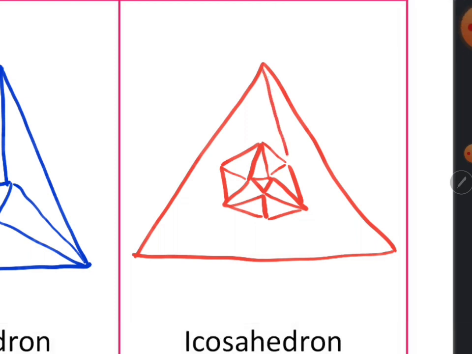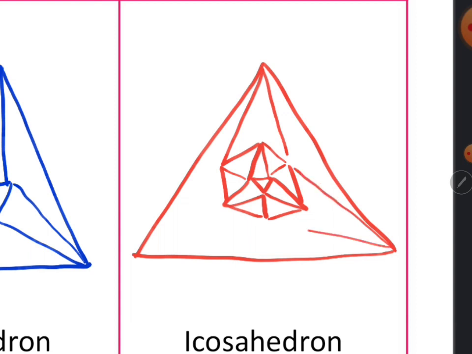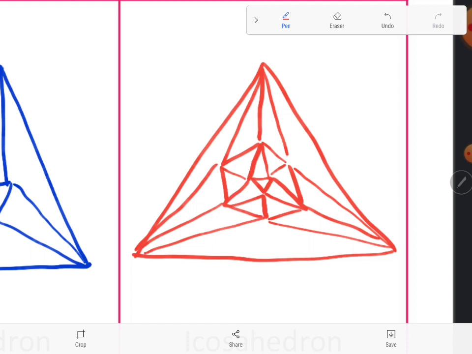And again, I apologize for the poor drawing. You're welcome to look up exactly what it looks like. I know mine is not the best example, but this, simply put, is what an icosahedron should look like.